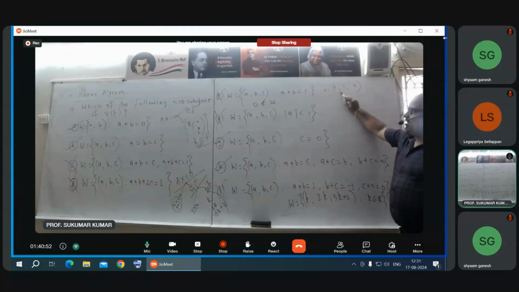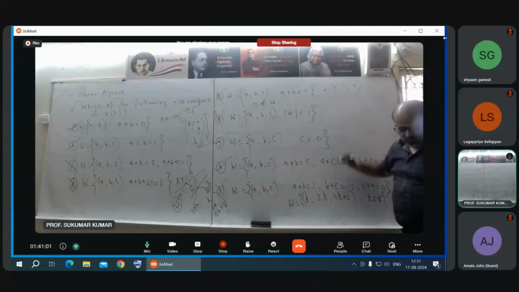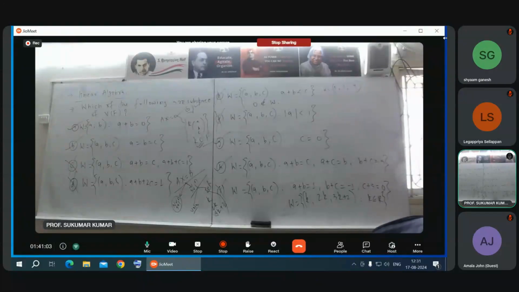So it is not a subspace. Or if I am going by property, then how to satisfy C? Suppose here it is written A plus B less than C. I choose 1, 1, 4, and their addition is less than C. For scalar multiplication, what do I choose so that it does not belong to W? For a positive scalar, less than only will come, so the minus case we can go.